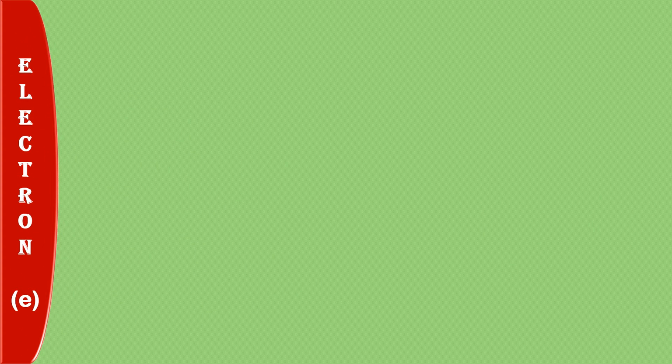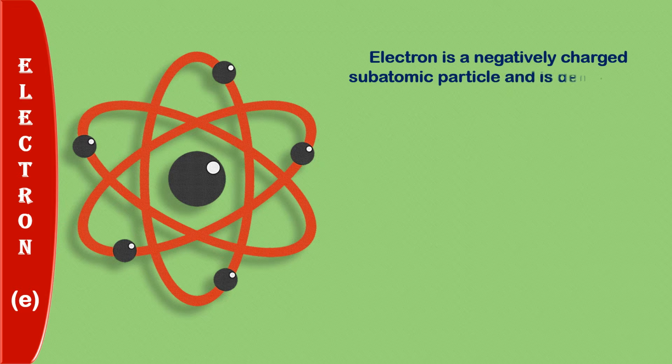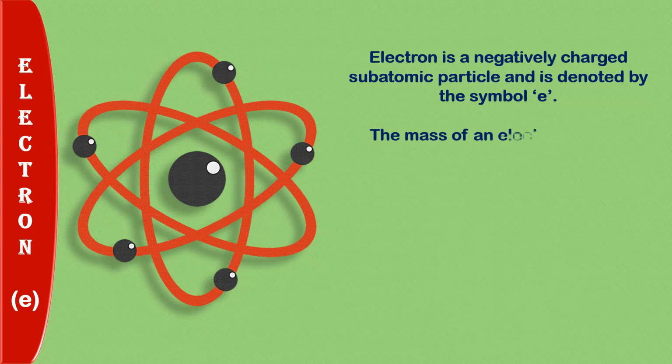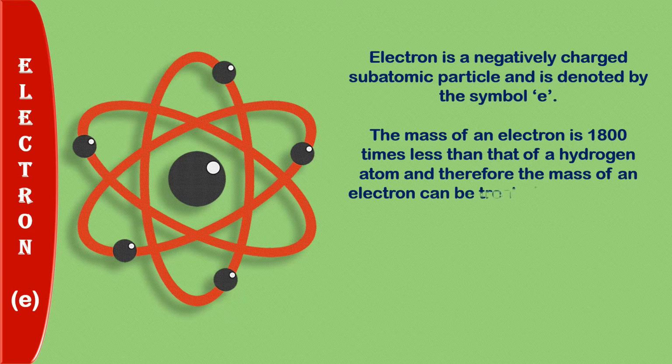We now come to the electron, the third subatomic particle. It is a negatively charged subatomic particle and is denoted by the symbol E. The mass of the electron is 1800 times less than that of an entire hydrogen atom, and therefore the mass of an electron is very, very negligible.